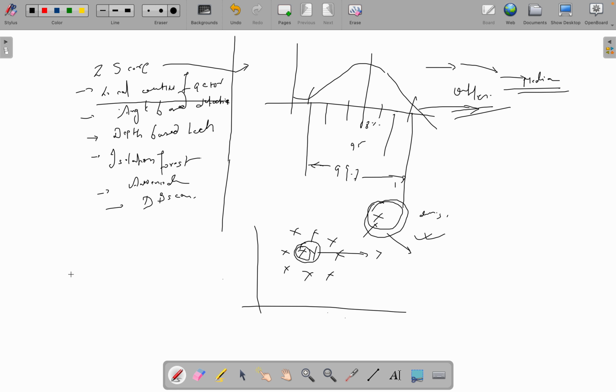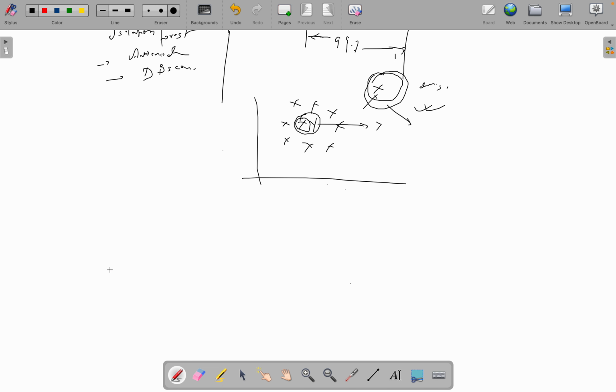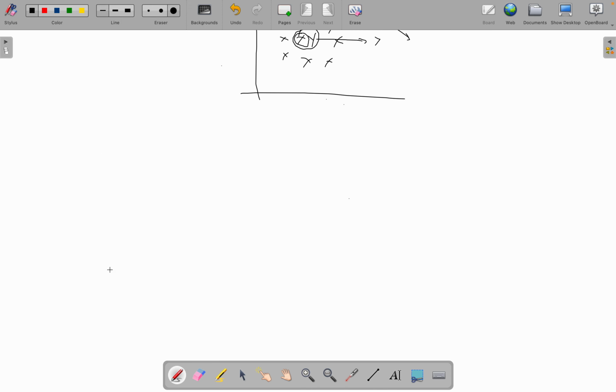The third one is angle based detection. Let me show that. Let's say I have some point here, and a point here. Let's consider these 2 points, and we try to form an angle here and an angle here.